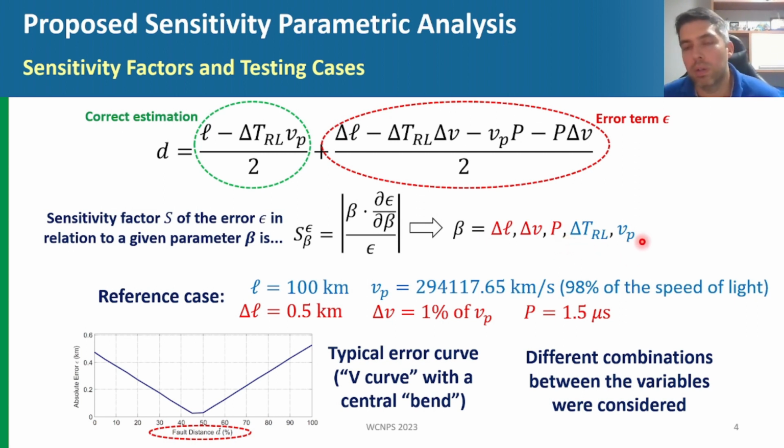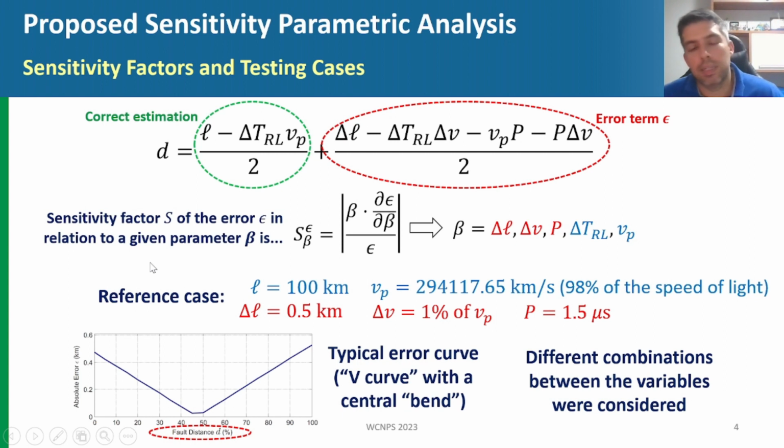But in blue color we are highlighting parameters which are not errors, but they are parameters which depend on the fault position, like this time period here, or which depend on the system parameters like the propagation velocity. So these sensitivity factors can be calculated in order to explain how these errors will behave when these parameters vary.